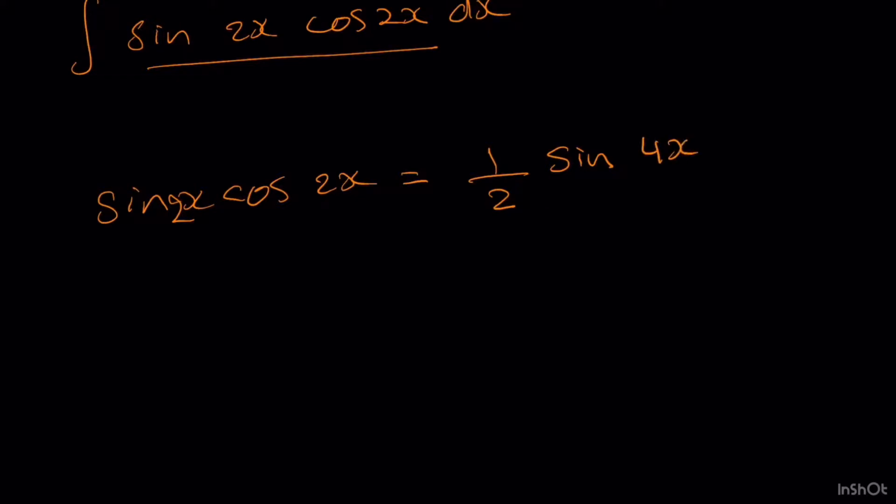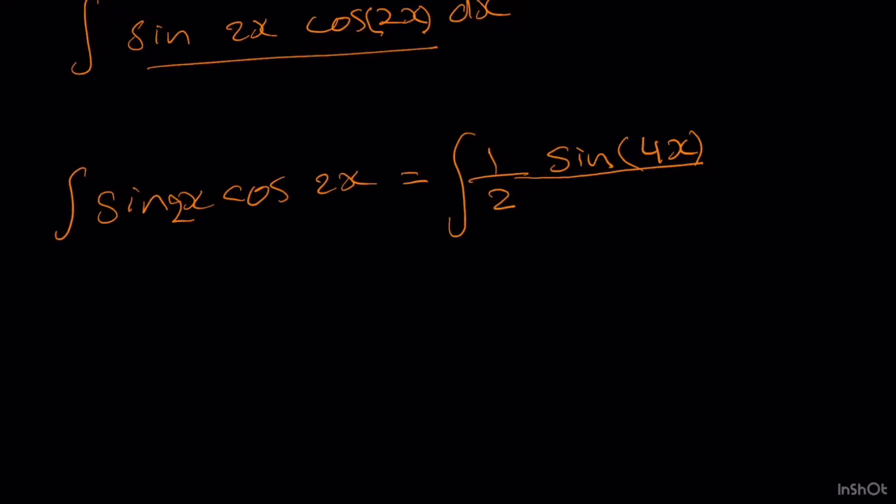If your question has the angle as 2x, when you change it into this form, it's going to be sine 4x divided by 2. And you put this in the integration to use instead of the sine 2x cosine 2x.